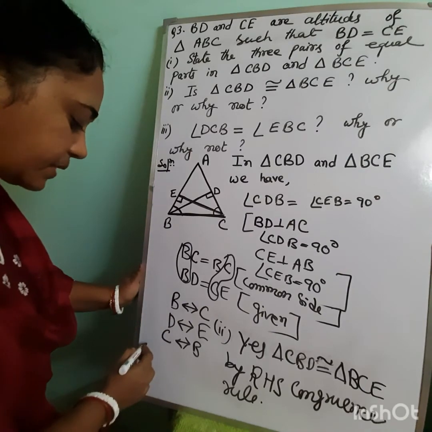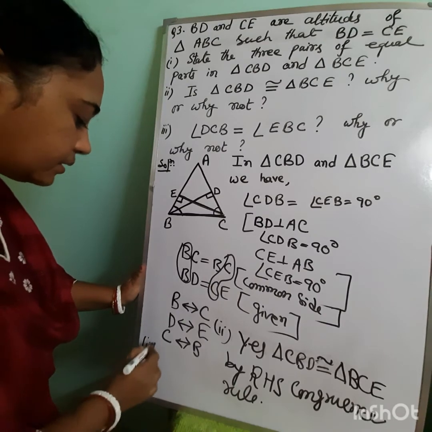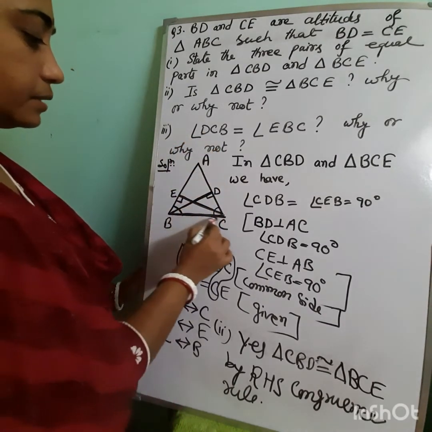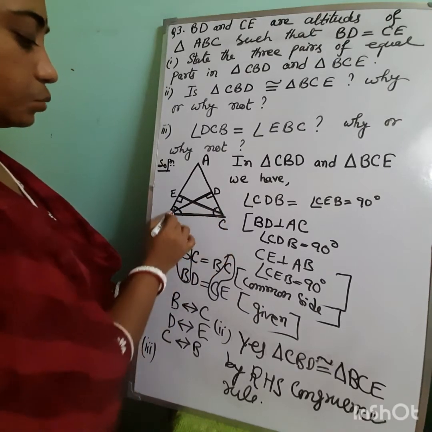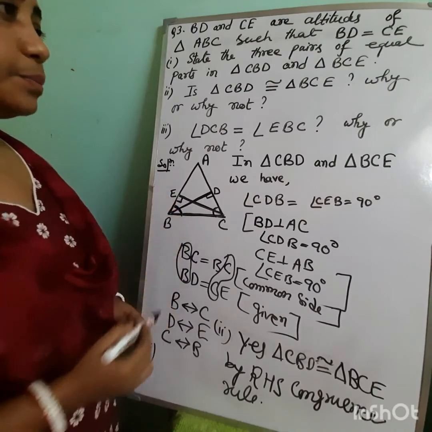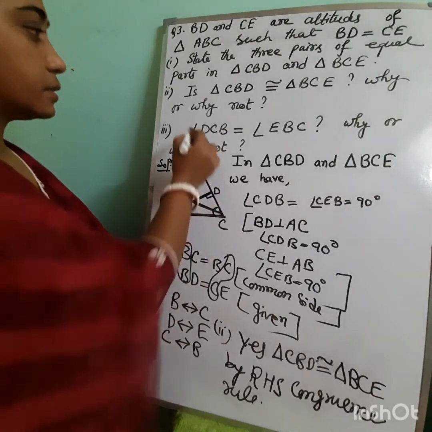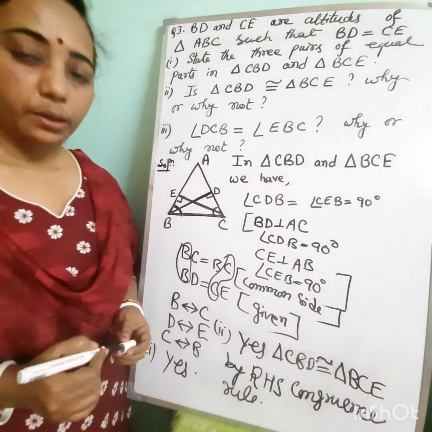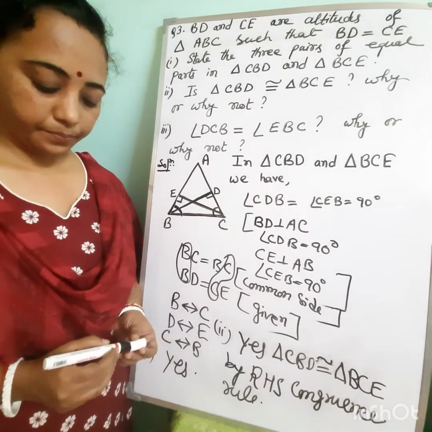So by CPCT we can write that yes, angle DCB in this triangle is equal to the corresponding angle of triangle BCE. So the third answer will be yes, these two angles are equal by CPCT.